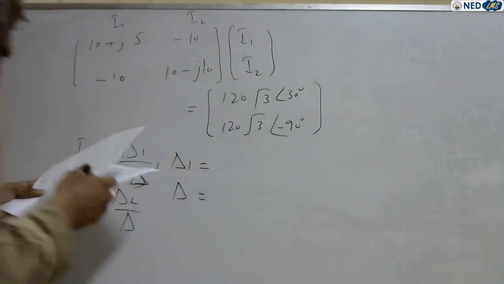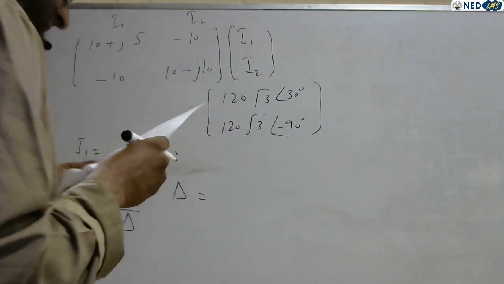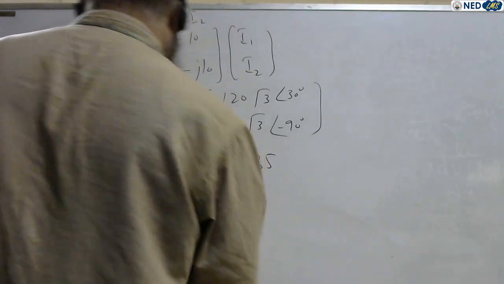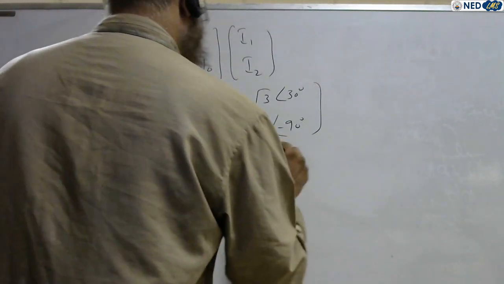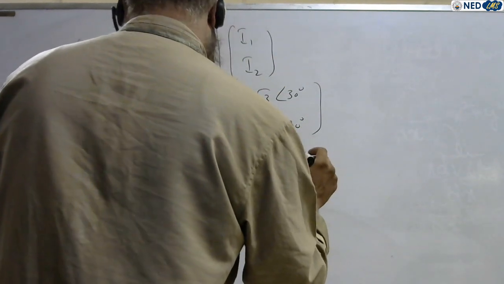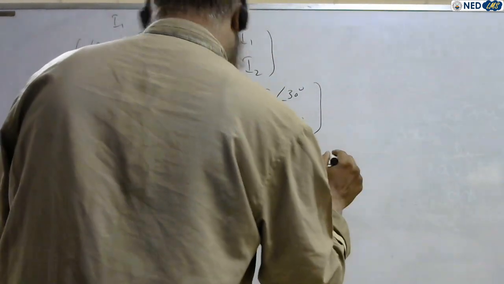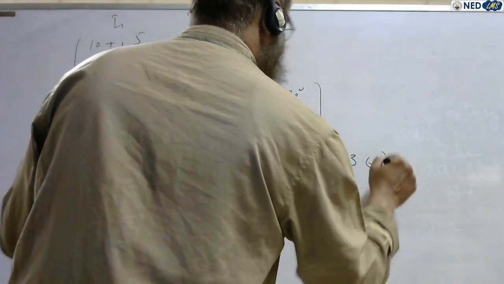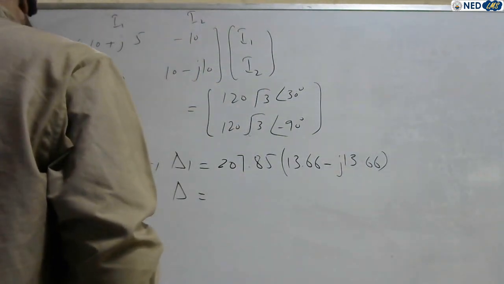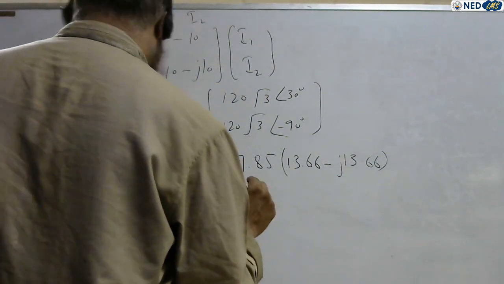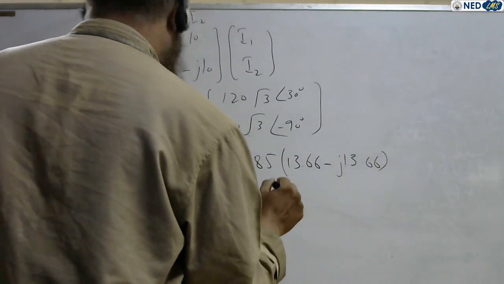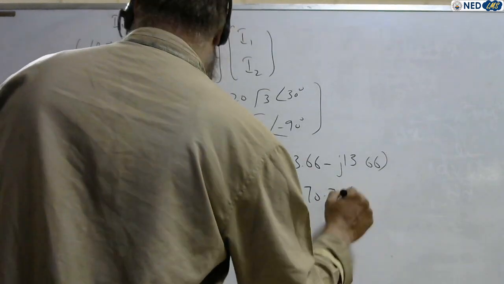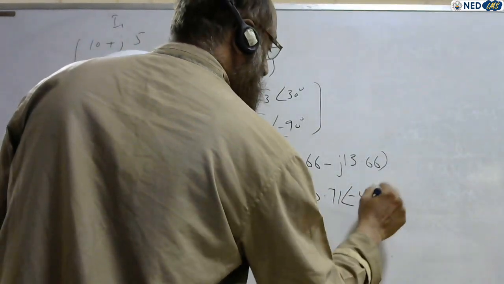I'm writing the values: del 1 comes out to be 207.85, 13.66 minus j13.66, and the del matrix comes out to be 50 minus j50, and its phasor form is 70.71 angle minus 45 degree.